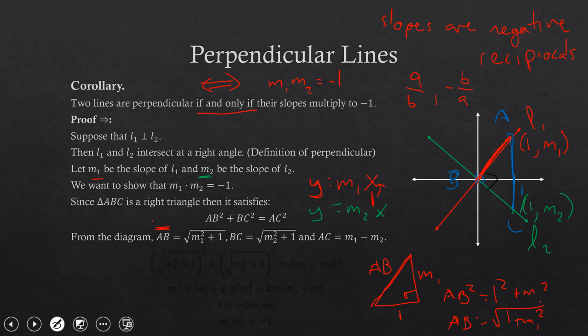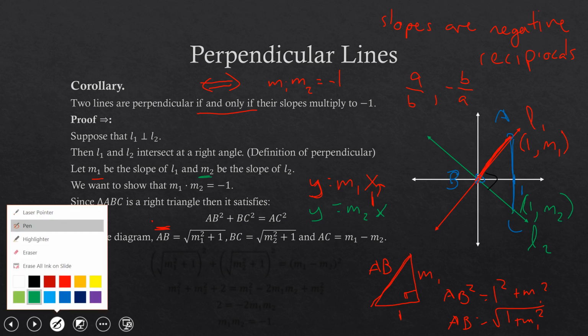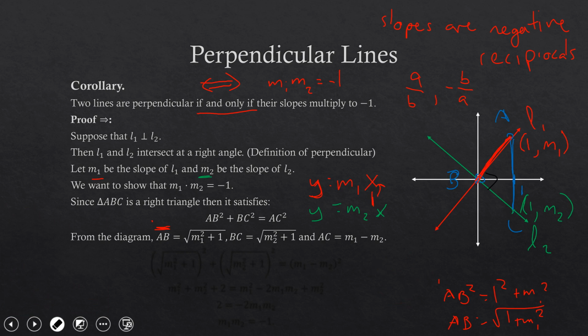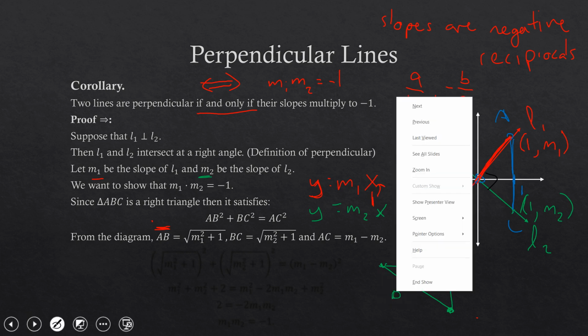Similarly, for BC, this line down here, we can draw in another triangle. So it looks something like this. Here, I'll erase this triangle. Okay. So for green, we've got a triangle that looks like that, and we're interested in BC.